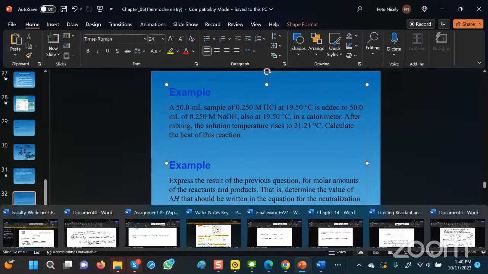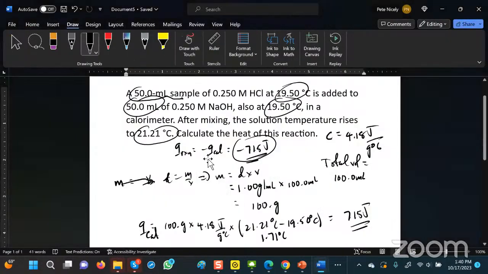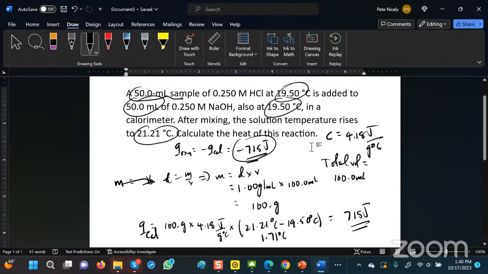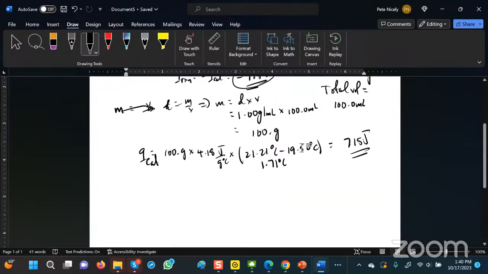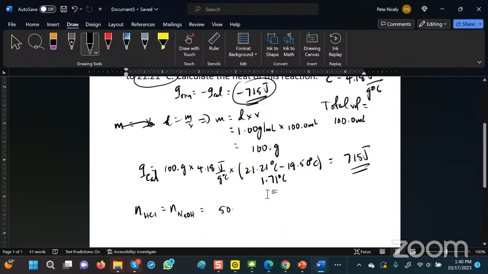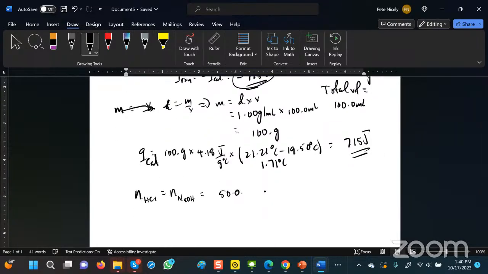So what that means, therefore, going back to this, I need some space here. So, or yeah, I can scroll down. Okay. So what this means is that we need to find the moles of both hydrochloric acid and sodium hydroxide. And that's easy because the number of moles of HCl, which is the same thing as the number of moles of NaOH, is going to be equal to 50, how many sig figs for the 50? 50.0 mL. Convert to liters, so you're going to have 1 liter over 1,000 mL.